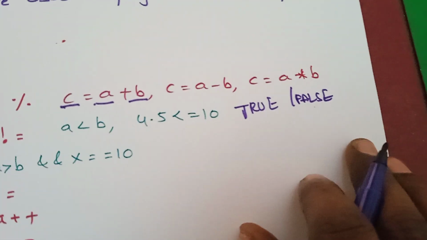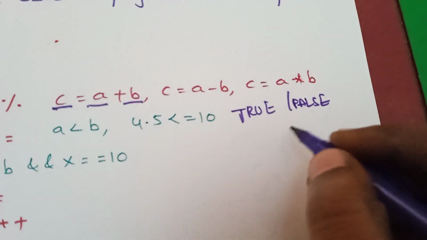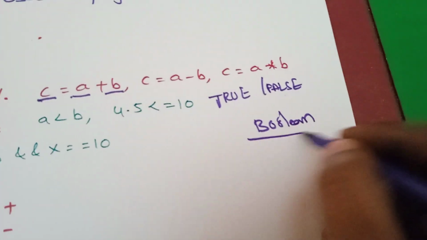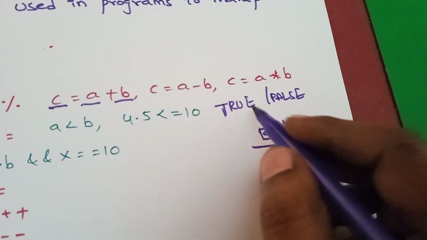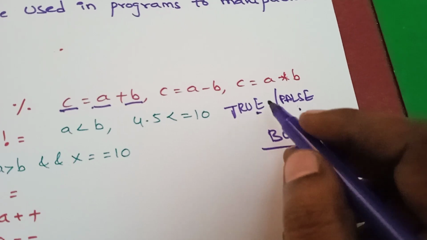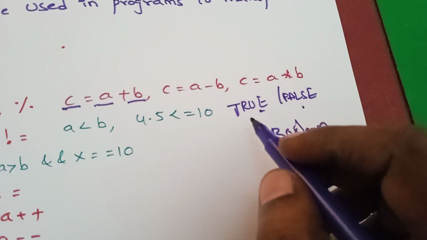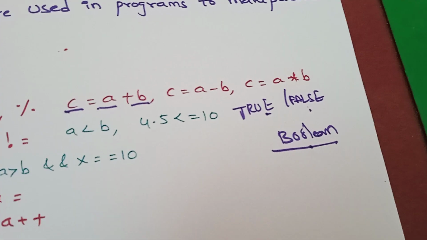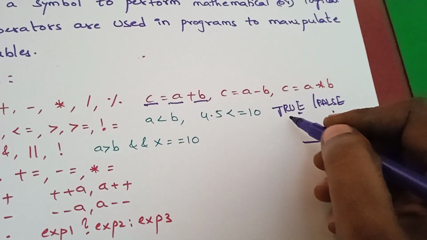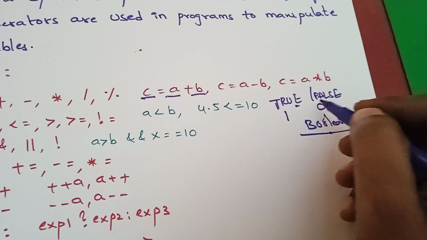And the very important thing: C doesn't support Boolean data types. That is, it doesn't print any value out as true or false. It symbolically represents true as 1 and false as 0.